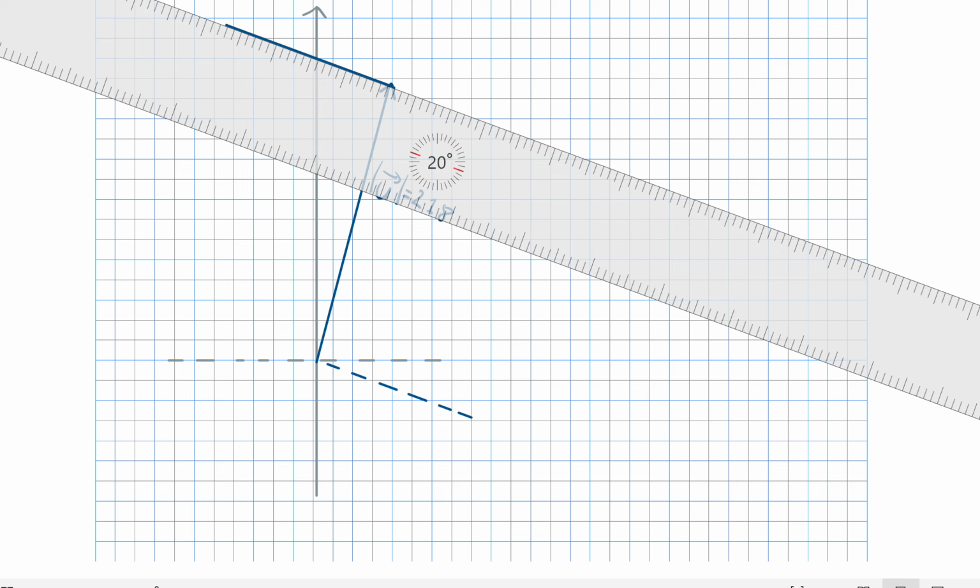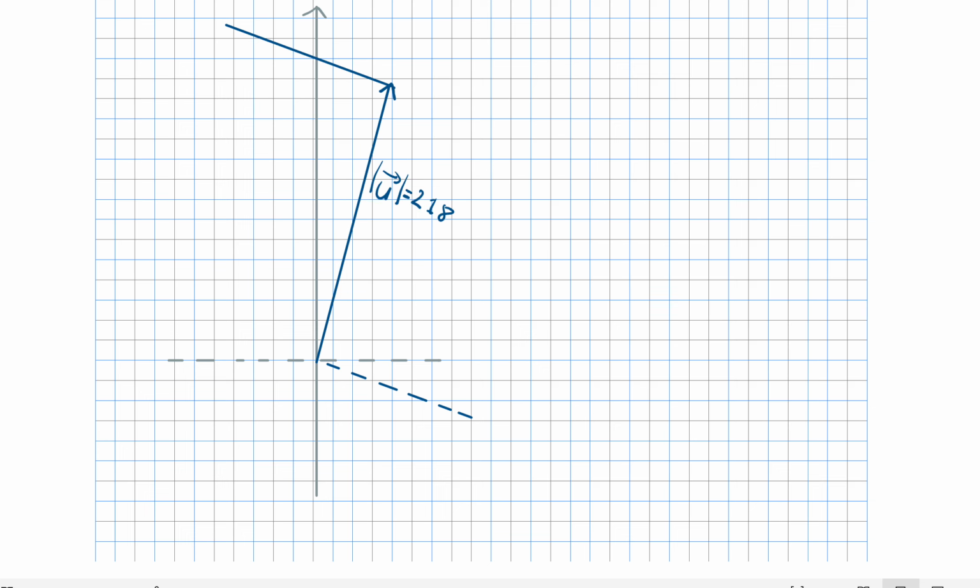In the negative direction already. So here is already negative vector V, and that had a magnitude of 170, if I remember correctly. Okay, so now the subtraction of both, so I would have u minus v, because v technically will go to the other side, so that's already my negative.